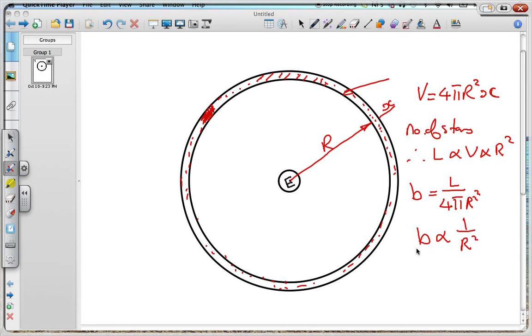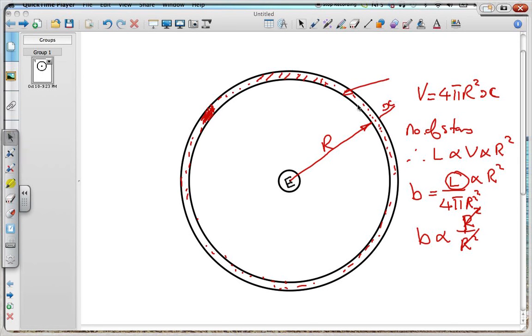Now when we combine these two, the luminosity over here is proportional to r squared, and here we get inversely proportional to r squared. We can basically see that the apparent brightness is proportional to r squared and also inversely proportional to r squared, so it actually cancels each other out. So if I take any section, we would have basically the same luminosity coming out from it.